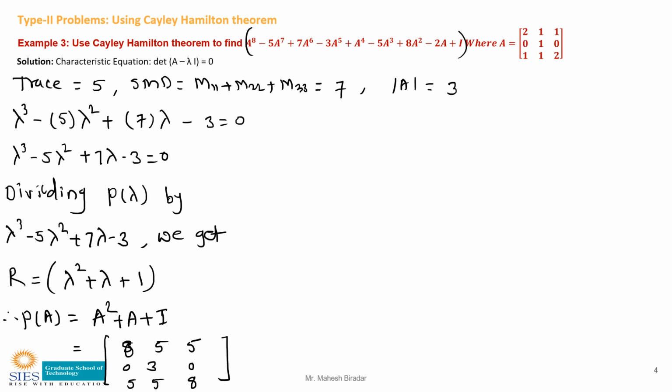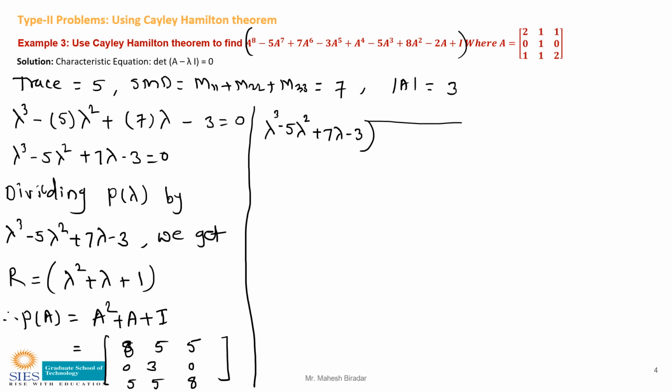Okay, so I'm going to explain that part here. I'm going to divide by lambda cube minus 5 lambda square plus 7 lambda minus 3.